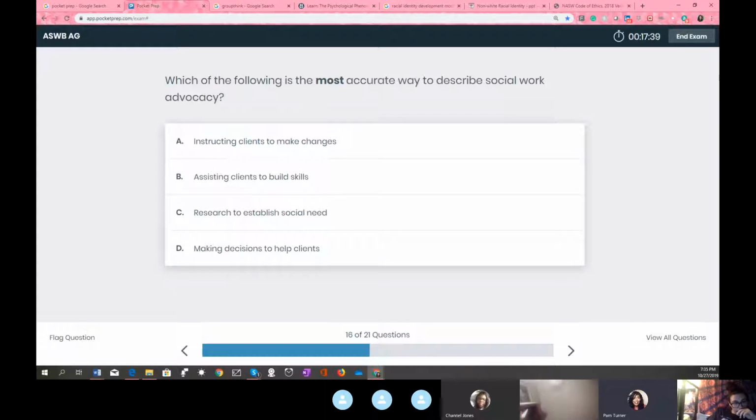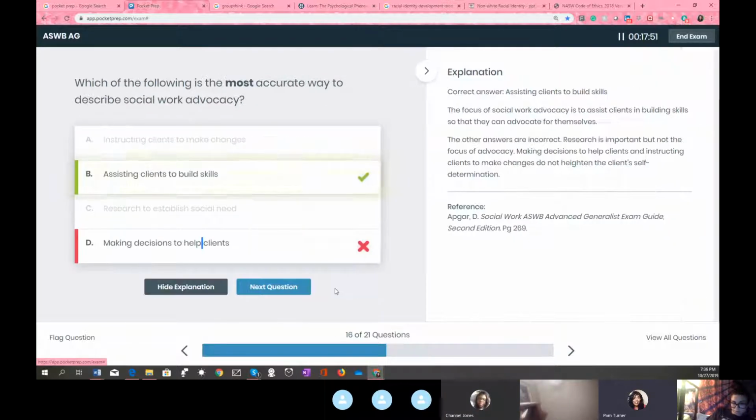I got a B. D? What was that, a D or a B? It is B. So assisting my clients to build the skills, that is advocating. What I want for them is to be able to advocate for themselves. So I'm going to help them advocate until they can do it for themselves.